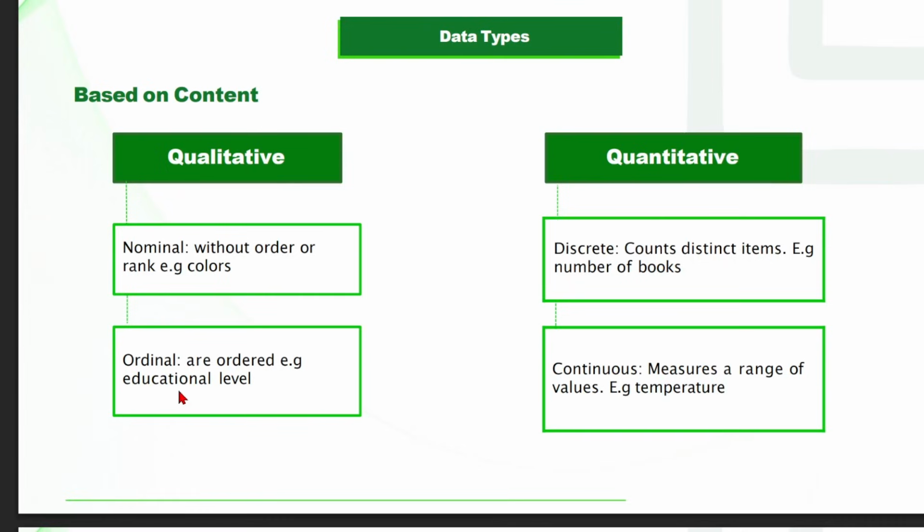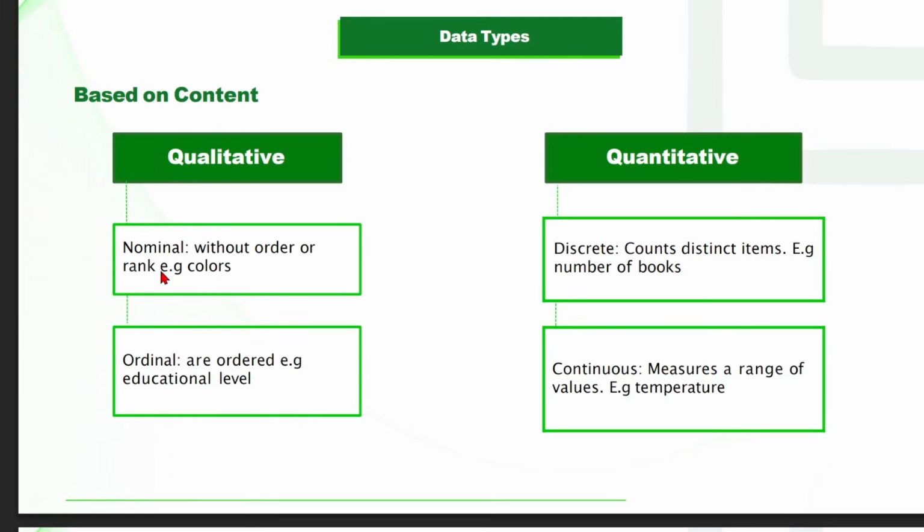Example, educational level: we start from primary school to secondary school to university. I can't say secondary school can be measured, but it has an order, like level one, level two, and so on. But it is not quantitative data. So it is ordinal data in the qualitative data.